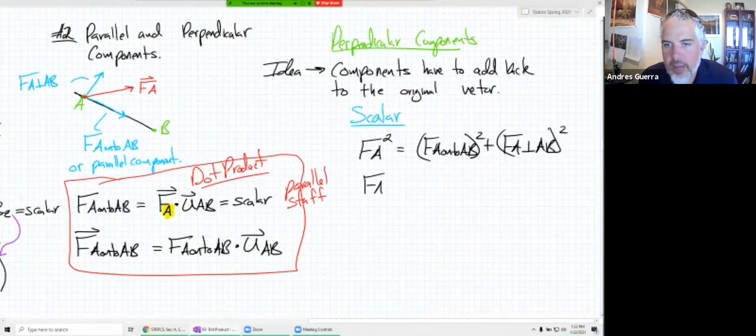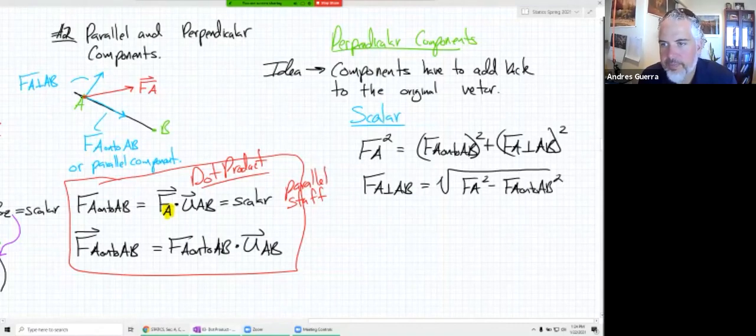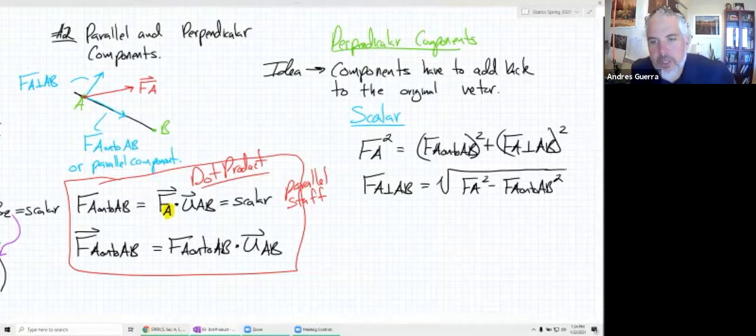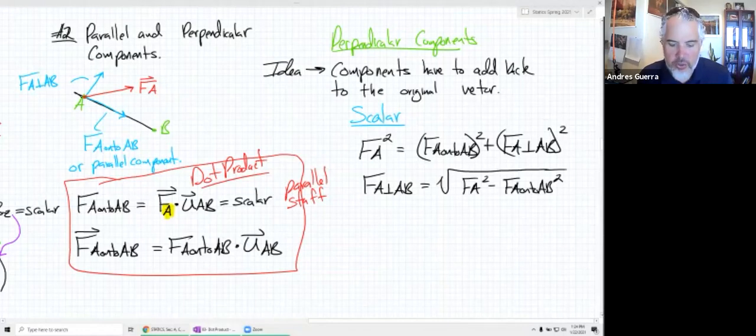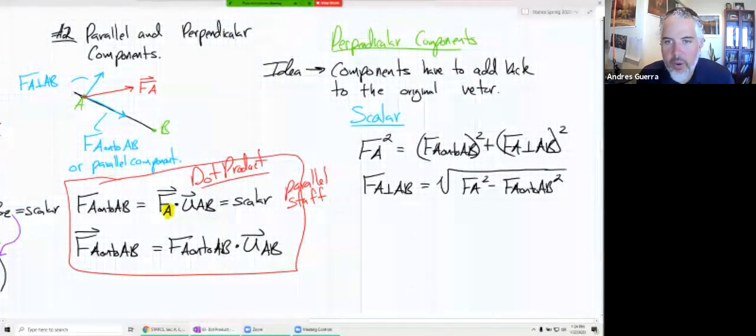So we can say, well, FA perpendicular to AB is going to be the square root of FA squared minus FA onto AB squared. So it's just the Pythagorean theorem, because we have basically the parallel component and the perpendicular component, those are at 90 degrees to each other, so we have a right triangle, so we can always just do the Pythagorean theorem.